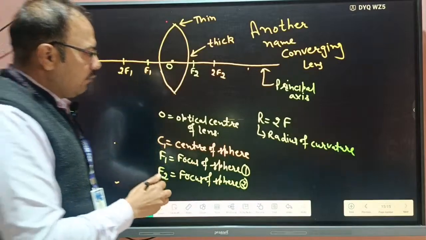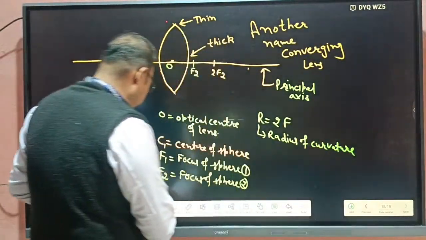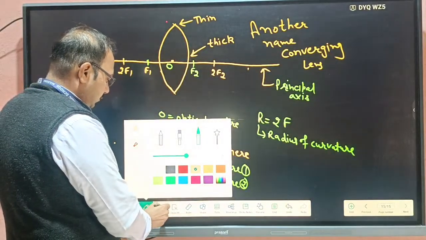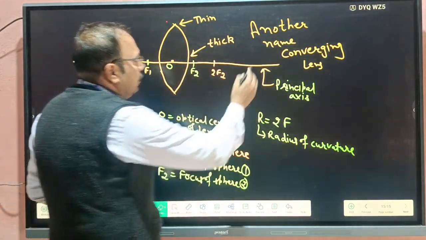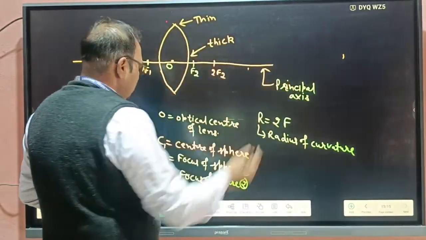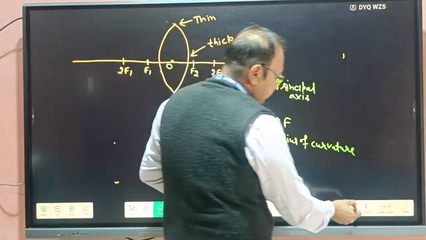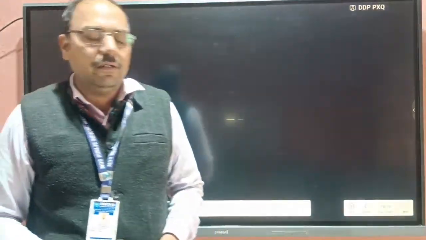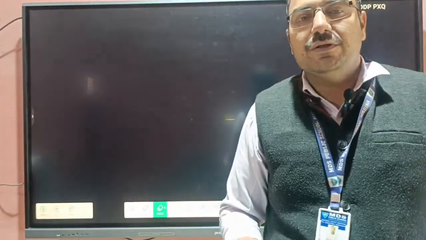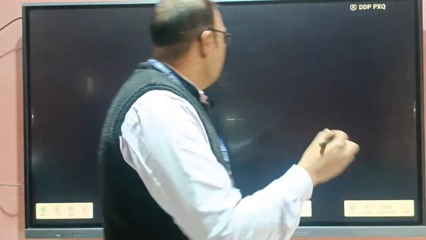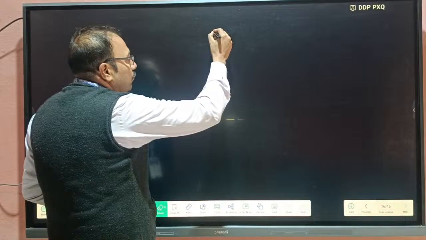We take another type of example. The second type of lens is a concave lens. A concave lens is thick at the edge and thin at the middle. So we take this example.